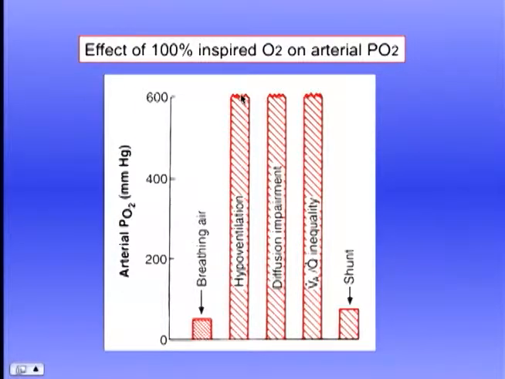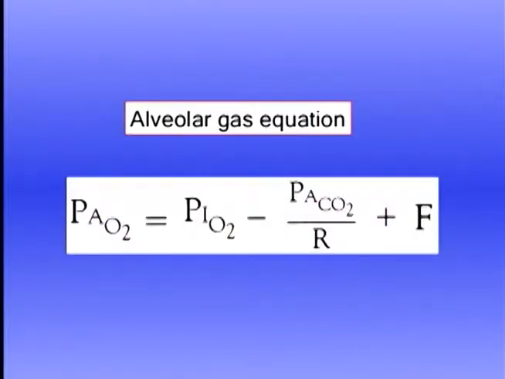And why is that? Well, it's easy to see if we just look at the alveolar gas equation, which we've talked about many times before. You can see that with the alveolar gas equation, here's the alveolar PO2 here, the inspired PO2, the alveolar PCO2, and the respiratory exchange ratio here, and F, a factor we're going to ignore. You can see that the alveolar PO2 is going to track along with the inspired PO2.